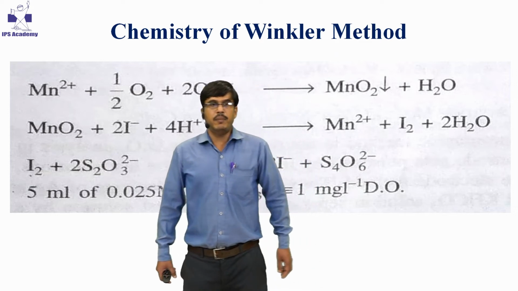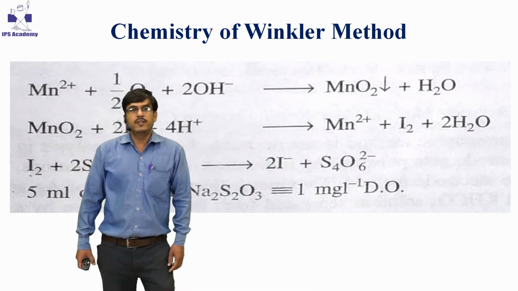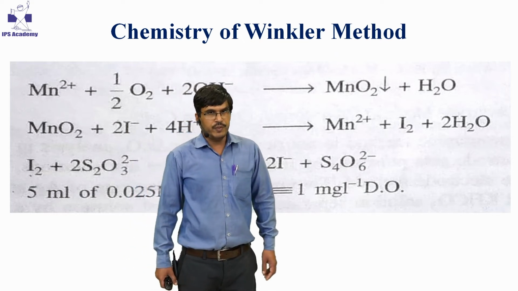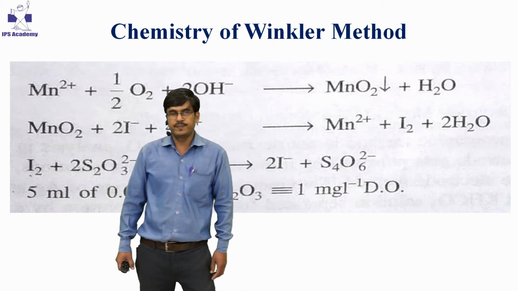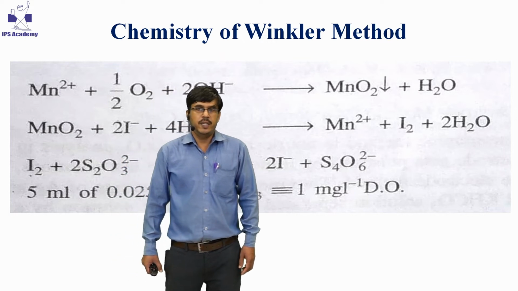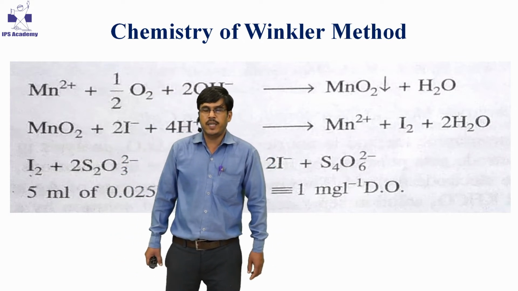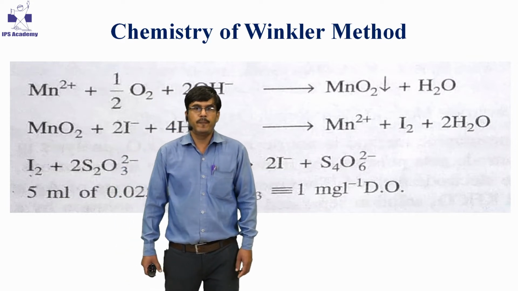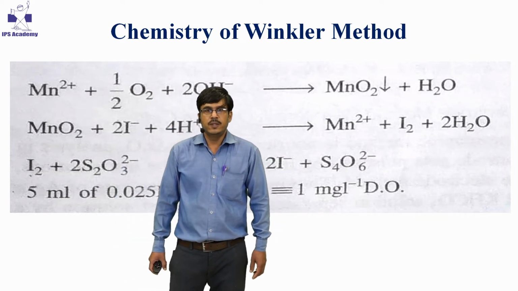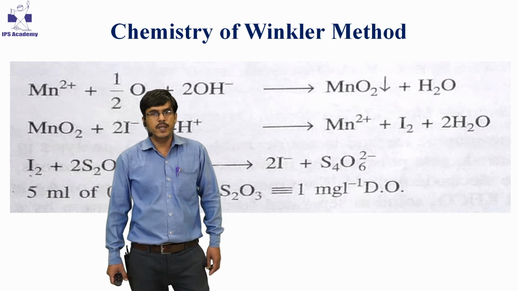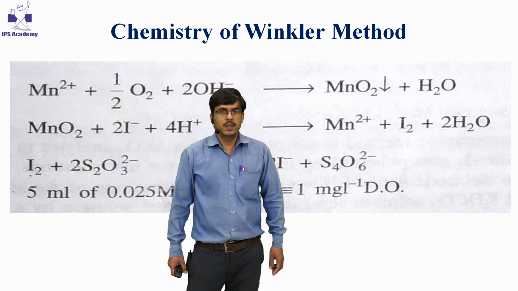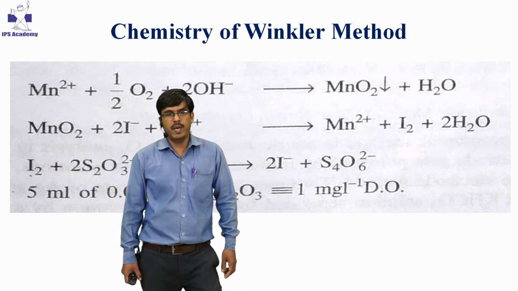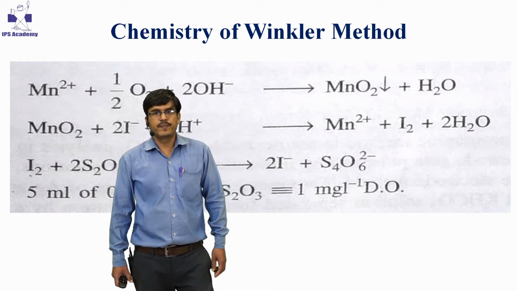See once again the chemistry. We are using manganese sulfate solution for fixing the oxygen. In alkaline condition, it will generate manganese dioxide as a yellow brown precipitate. This manganese dioxide is then used in the reaction to form iodine from iodide ion.